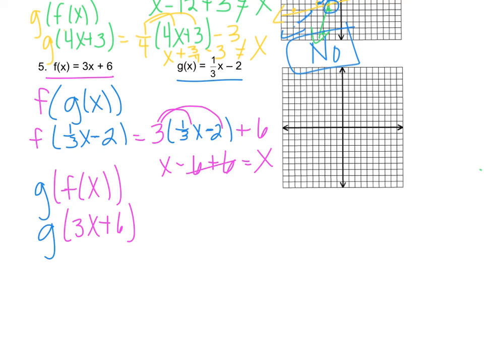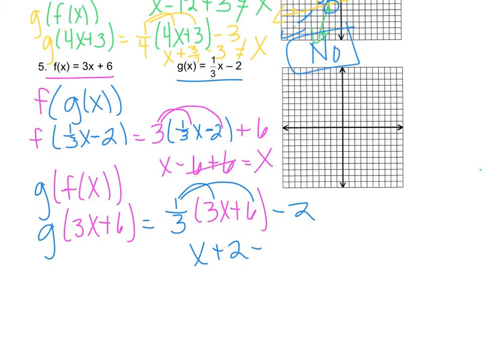I'm going to replace my x on function g with 3x plus 6. So when I distribute, that's going to be just an x. That's going to be 6 over 3, which is 2, minus 2, which equals x. So both of those equal x.